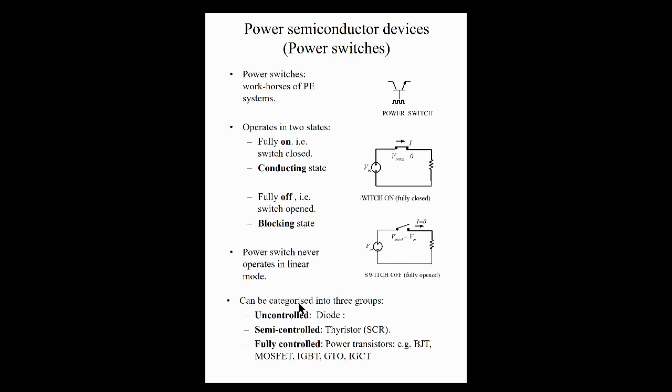And the fully controlled, it could be any of the other devices like the IGBT, the MOSFET, the BJT, GTO, and the IGCT, right? So just keep in mind this classification. Uncontrolled is a diode, right? Semi-controlled is thyristors that we're talking about.